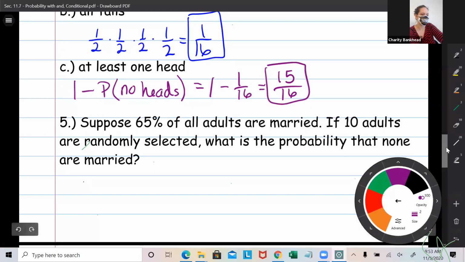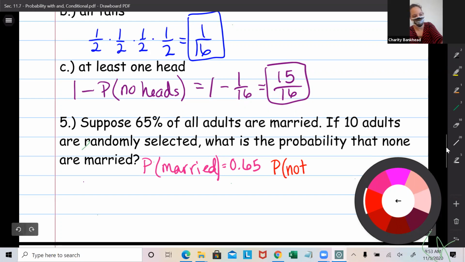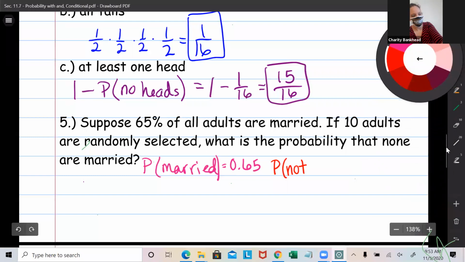So for 1 person, the probability that that 1 person is married is 0.65. And so that means that the probability that a person is not married is 0.35. One minus 0.65, which equals 0.35.